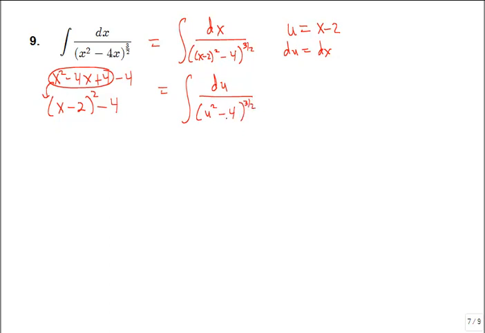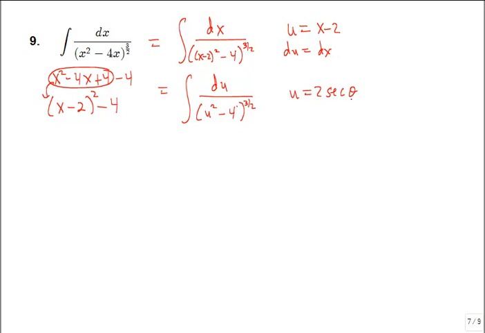And that's exactly one of our patterns that we look for when we're doing a trig substitution. Since the variable is coming first and it's subtraction, this is going to need that secant. So this is going to require that this variable here, which now we're calling u, be a secant theta. And the a would have to be 2 because our a squared is 4. So the trig substitution we want should be u equals 2 secant theta.